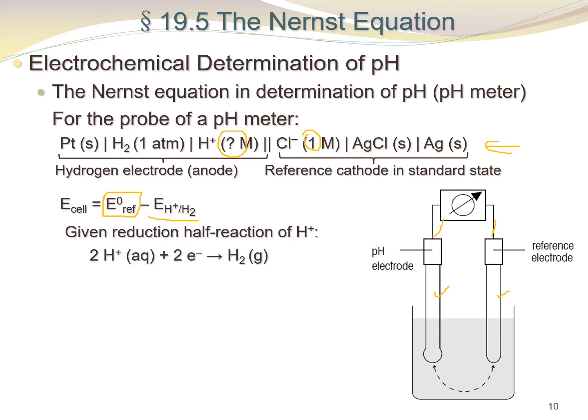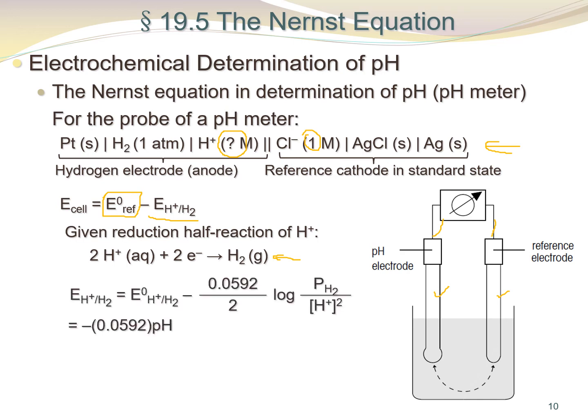Remember, the half reaction that occurs in the anode chamber is this. We have hydrogen as the product, and we have H plus as the reactant.